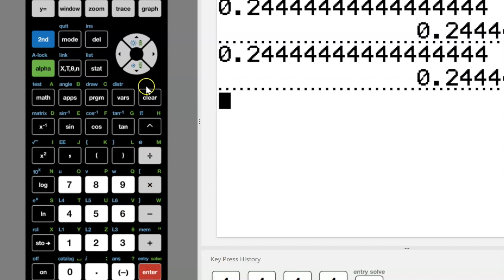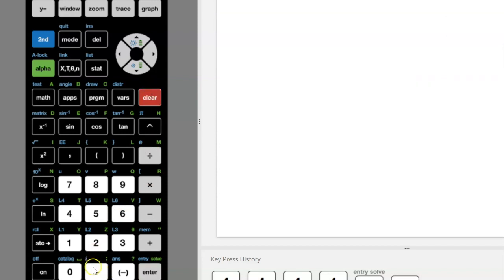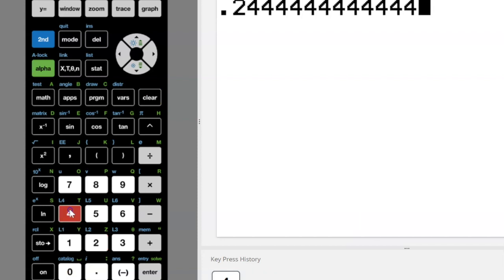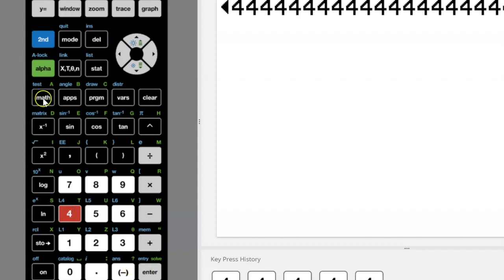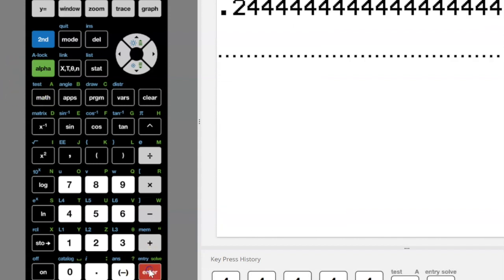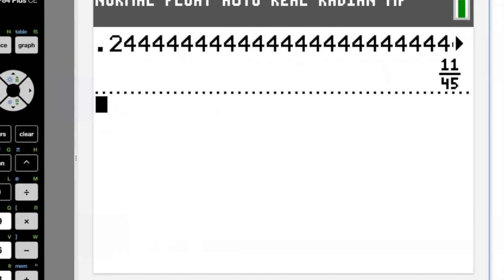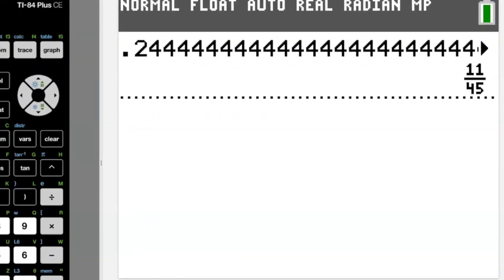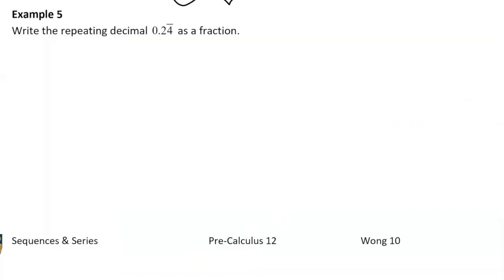Whoops, I probably didn't press enough 4s. If you go 0.2 and you just press all of these 4s, apparently I need more 4s. And you press math, enter, enter. Then you're going to get something in which it actually will convert it to a fraction, and it'll say that you have 11/45, and that's what we're looking for in this particular question.